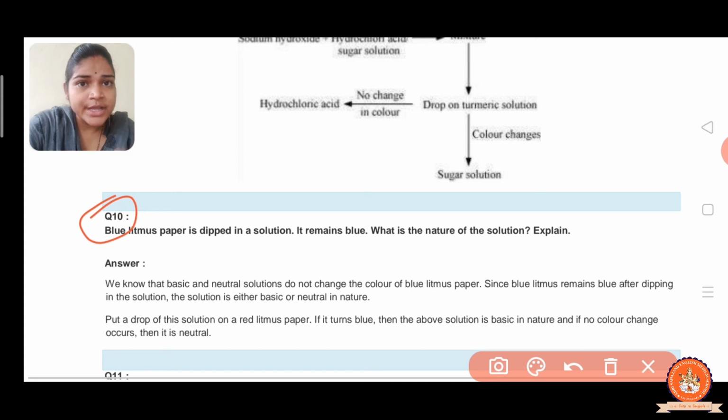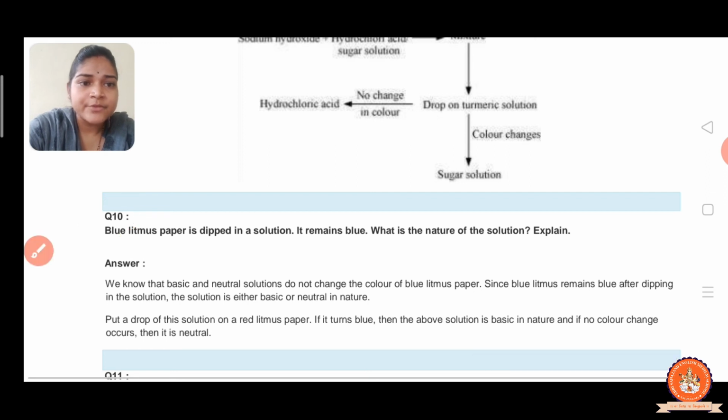If you dip the blue litmus paper in a basic solution, there is no change. We already discussed this in the differences. So the basic solution and the neutral solution do not change the color of blue litmus paper. Since the blue litmus paper remains blue after dipping in the solution, the solution is either basic or neutral in nature.